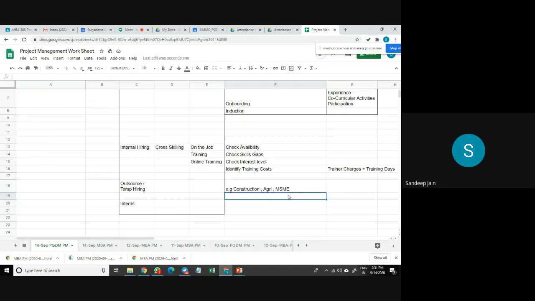So in the IT industry, large companies by default follow a practice of 10% temp. The reason they follow this practice is that they can lay off the temp resources without giving a big notice.